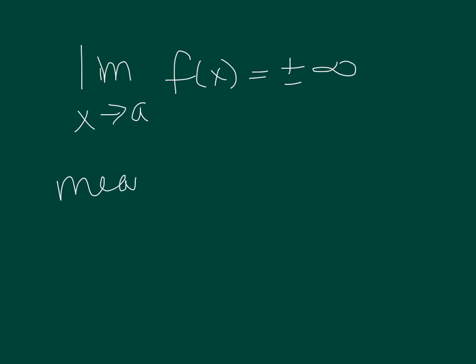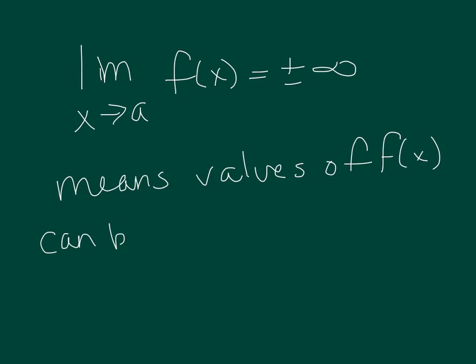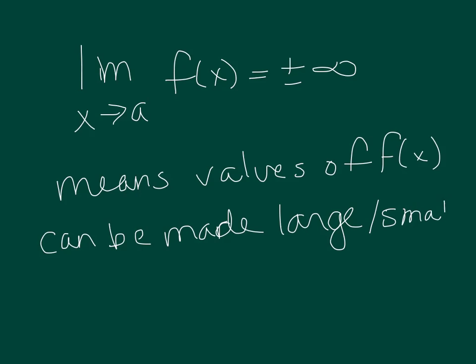That means values of f of x can be made arbitrarily large or small if we have x values approaching the value of a, if x gets close to a.